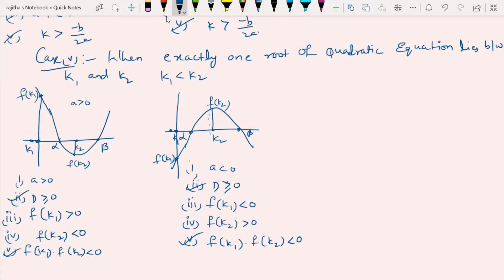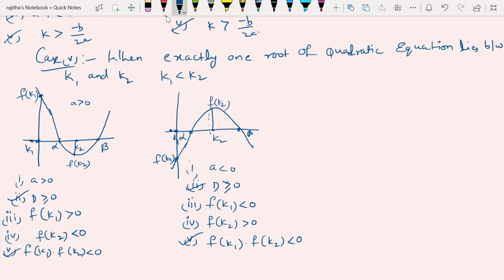See, here are all the cases. Observe when the k value lies between alpha and beta, that is, when k is less than k1 and k2 lies in the interval k1, k2, where k1 is less than k2.